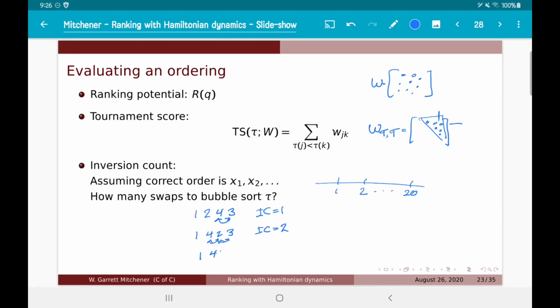And if I had 1, 4, 3, 2, then I would have to first swap the 4 here and then here, and then I would have to swap the 3 and the 2 again once they're in place. So that would give me an inversion count of 3. So this gives a way of seeing just how far this deviates from the intended correct ordering of the items.